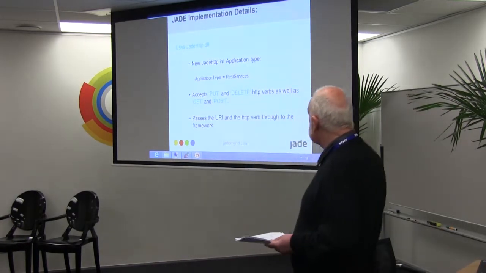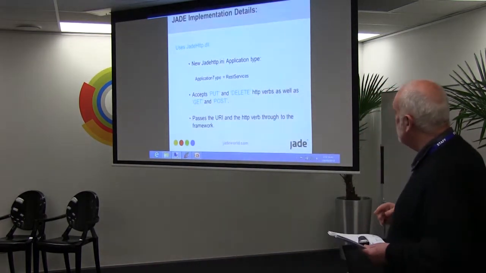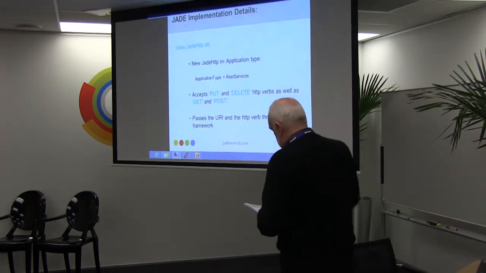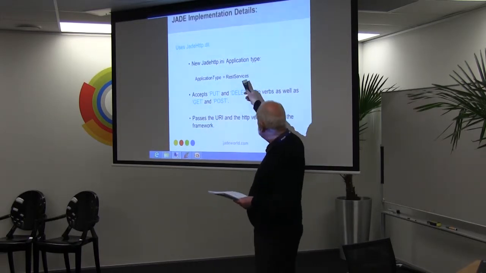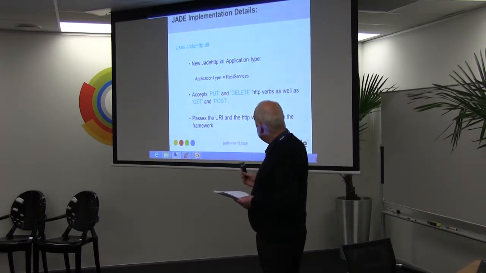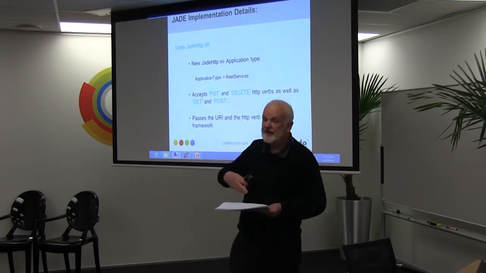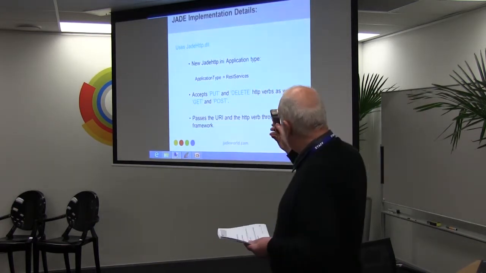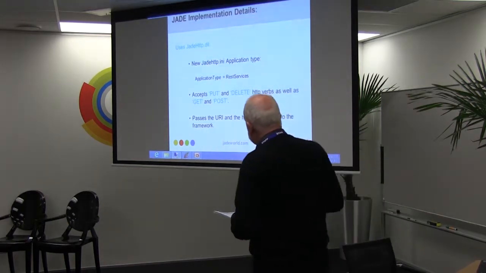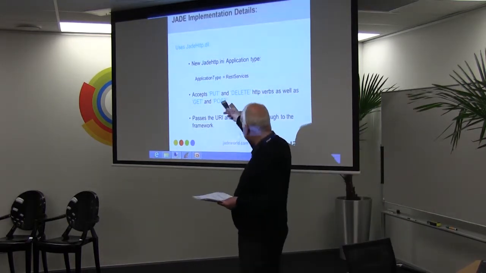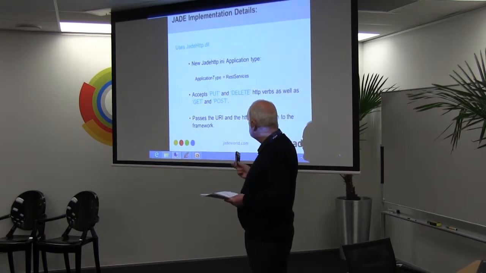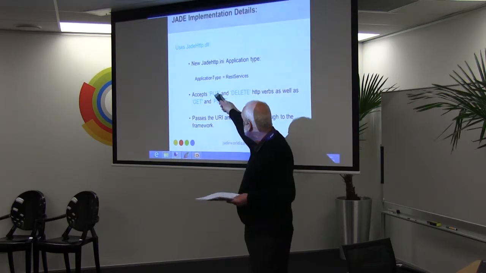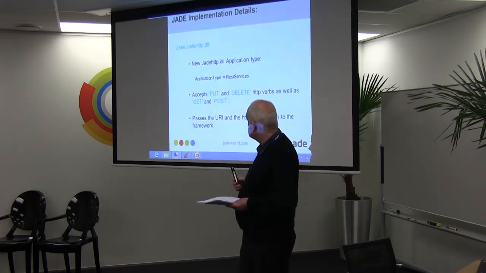As far as configuration goes, as I said, in the Jade HTTP any file, there is a new application type called Jade REST services. Apart from that, all the other parameters are identical. That type of REST services allows the put and the delete type of message through, whereas the standard Jade HTTP messages for any other application type will ignore those two.